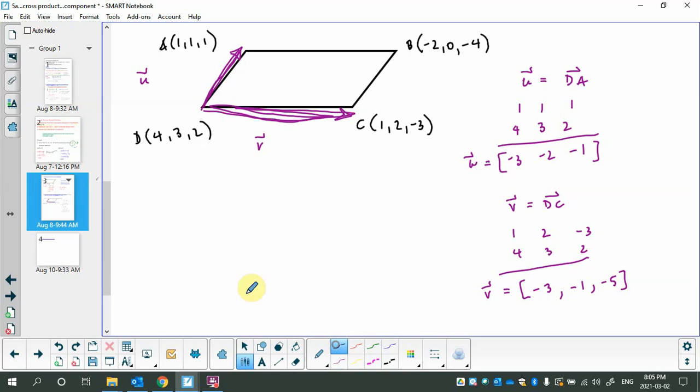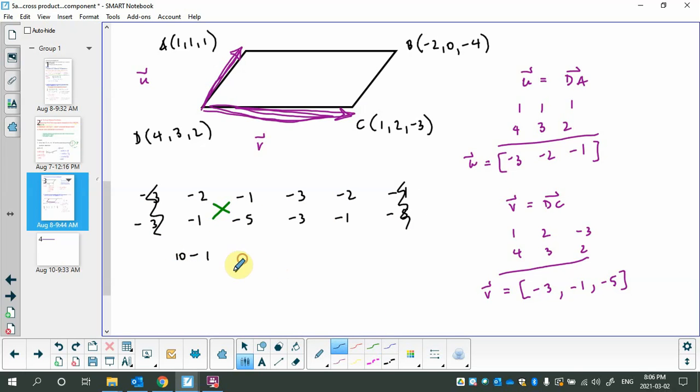So this is my scribbling. -3, -2, -1, -3, -2, -1, -3, -1, -5, -3, -1, -5. Scribble, scribble. 10, subtract 1.